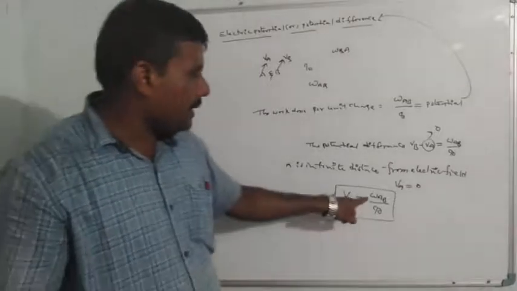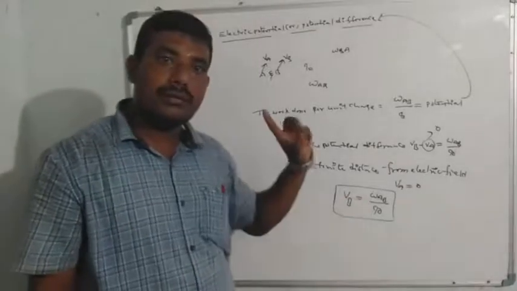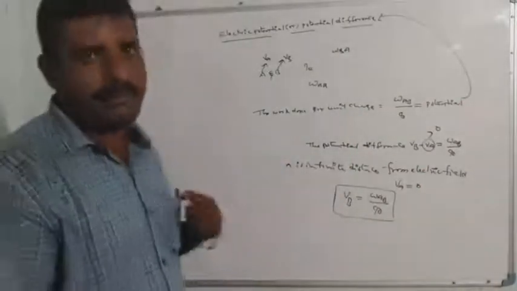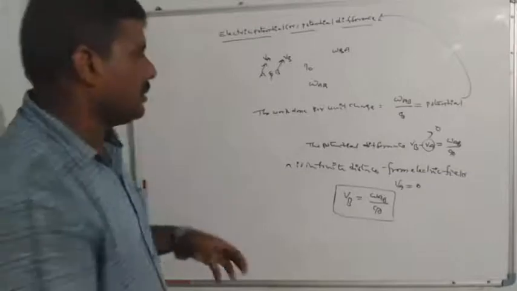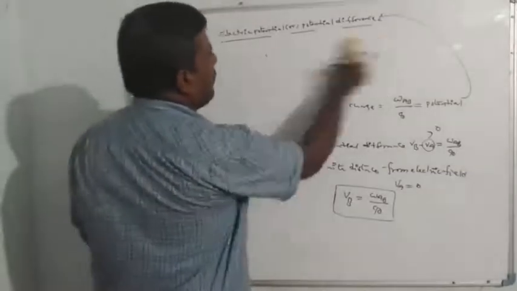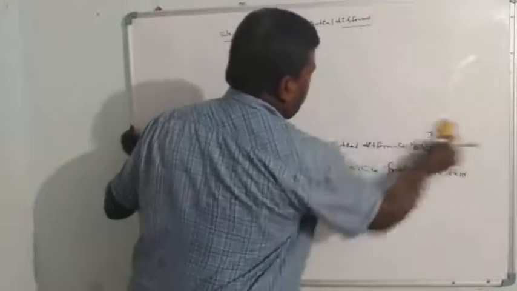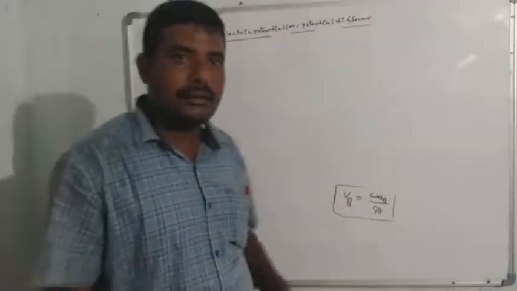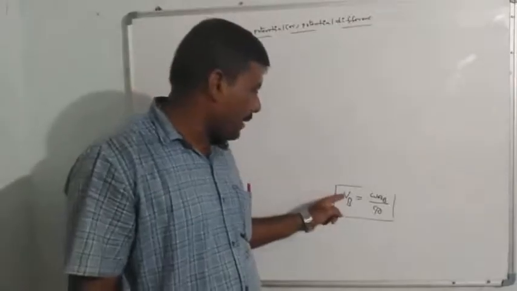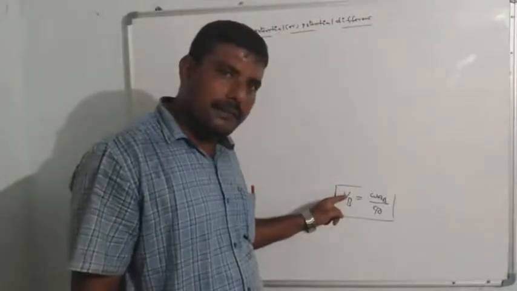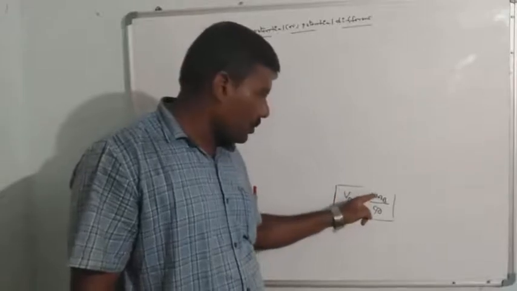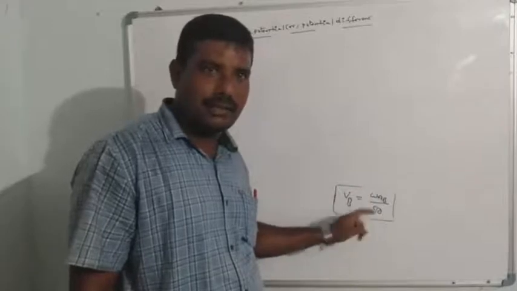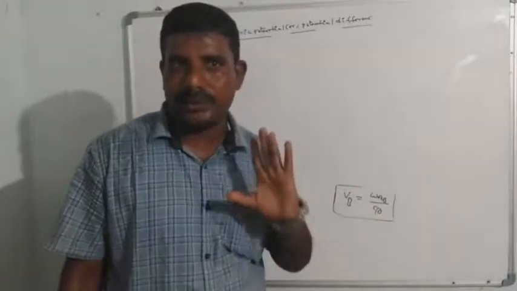So by using the equation, the potential or potential difference can now be defined. Clearly we see from the equation, potential equals work done by test charge, that means the work required per unit test charge.